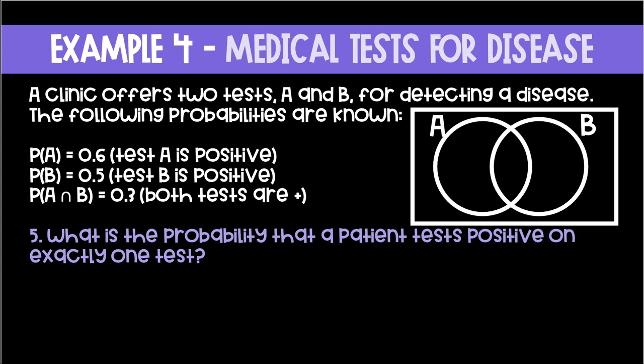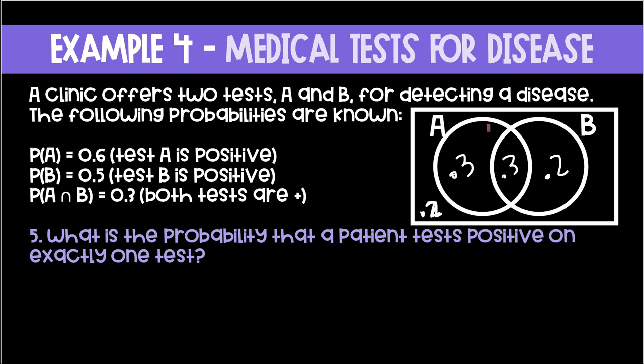Again, if you want to, you can label all of your probabilities in each of the individual sections. Outside of both would be 0.2. Only A would be 0.3, only B will be 0.2, and their intersection, testing positive for both A and B, is 0.3. What's the probability that a patient tests positive on exactly one test?